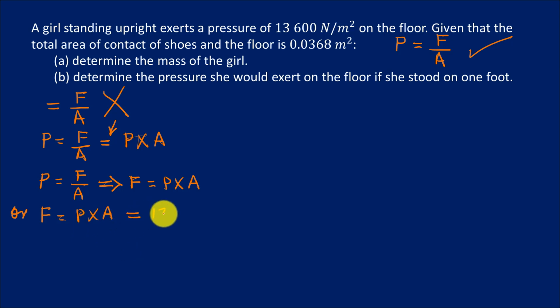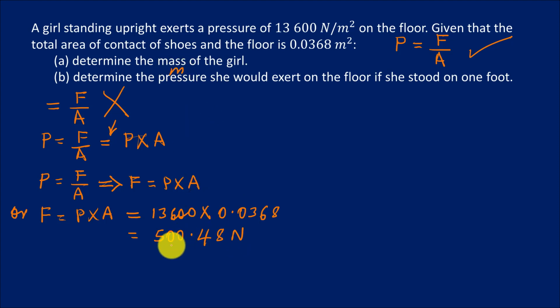substitute this value here, 13,600 times 0.0368, and you get 500.48 newtons, which is the correct way of doing it. But when you look at what you are required to work out, it's the mass.